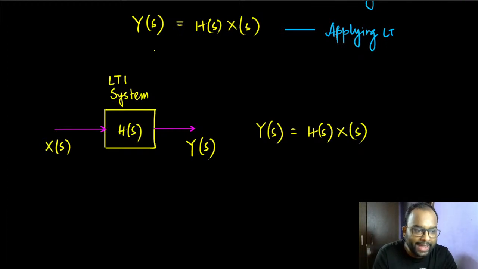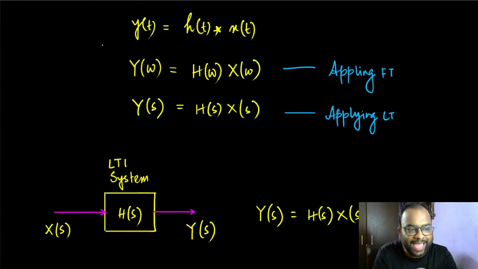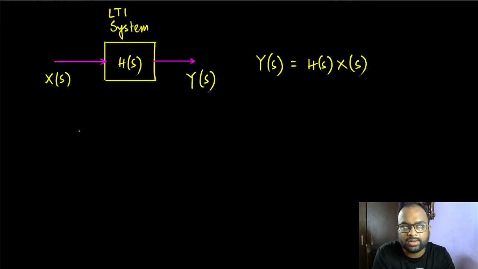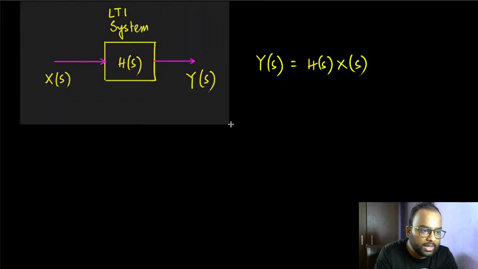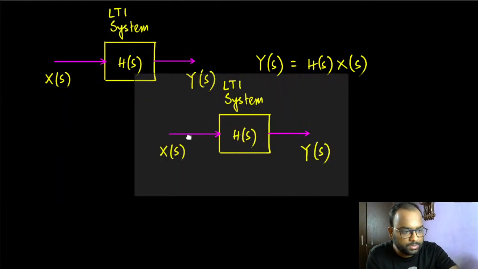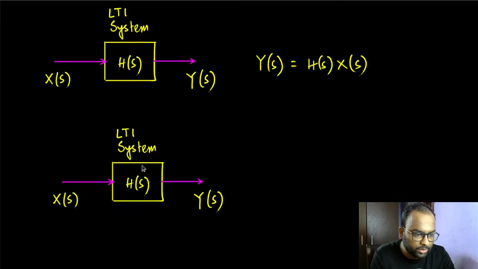And given the fact that the same thing happens if we apply Fourier transform or Laplace transform, we can, rather I should say confidently and conveniently, get rid of the implicit variable s. This is the notation that we're going to use.